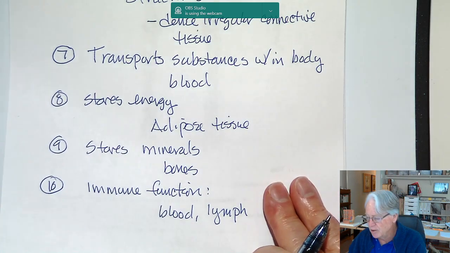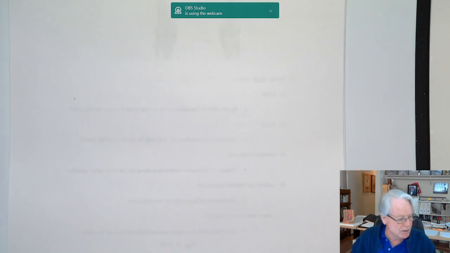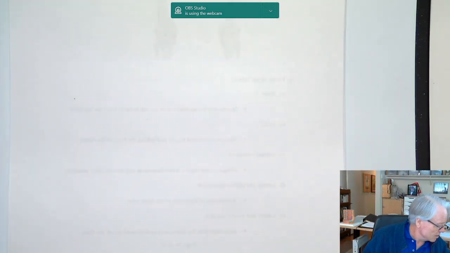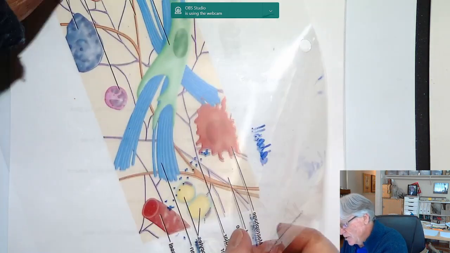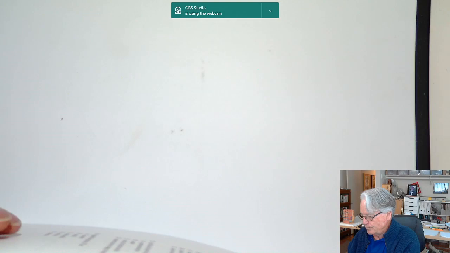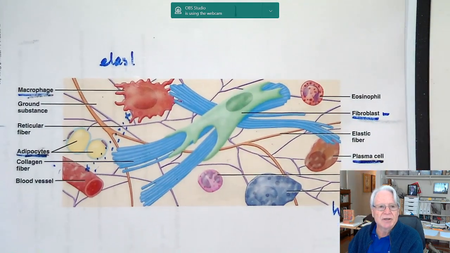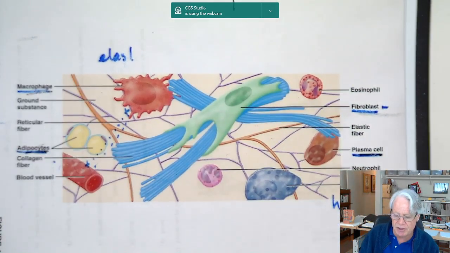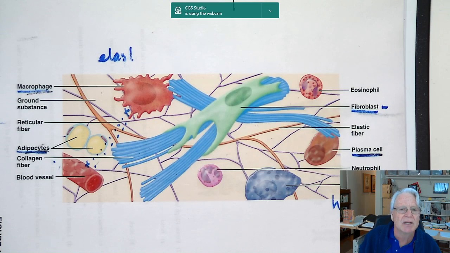Let's take a quick look at a typical view of connective tissue. And we'll summarize as we look at that what we've been talking about. So here's a typical image of connective tissue. Remember that connective tissue is composed of extracellular matrix and cells.